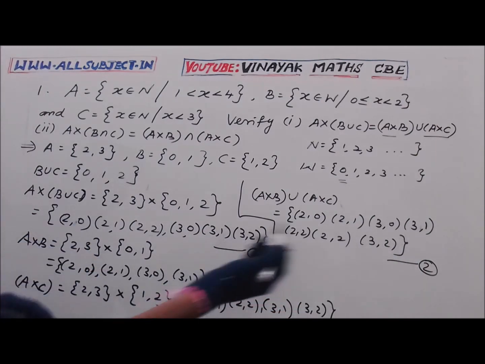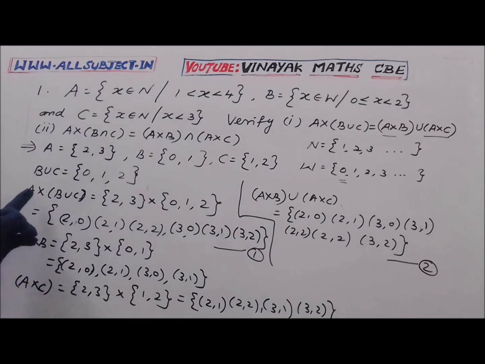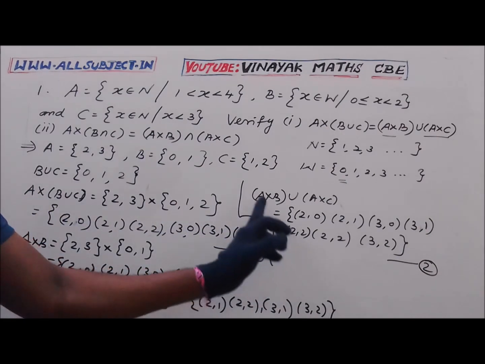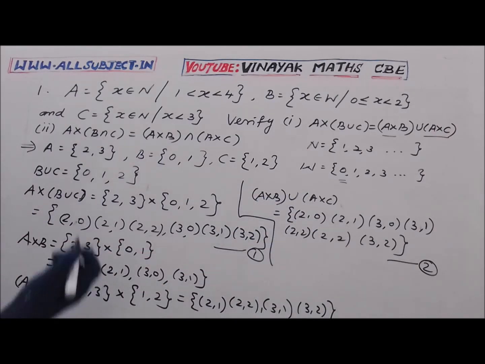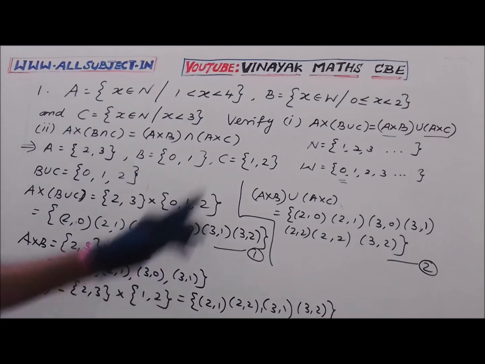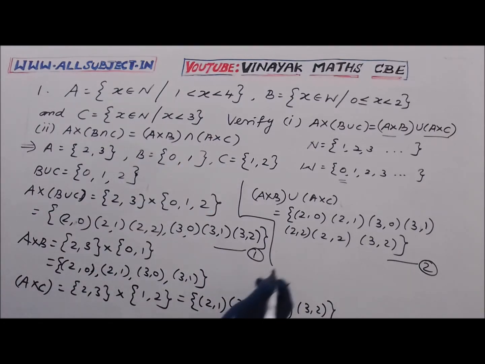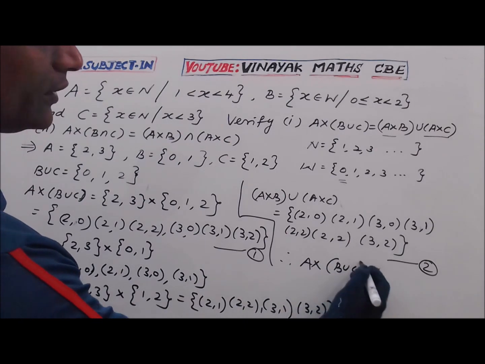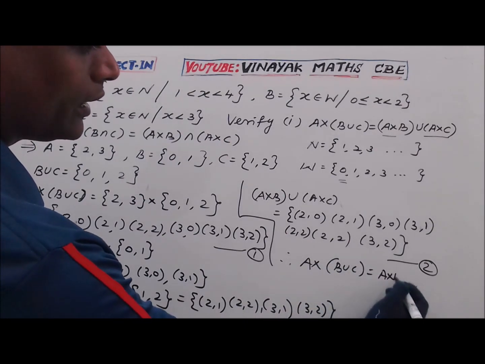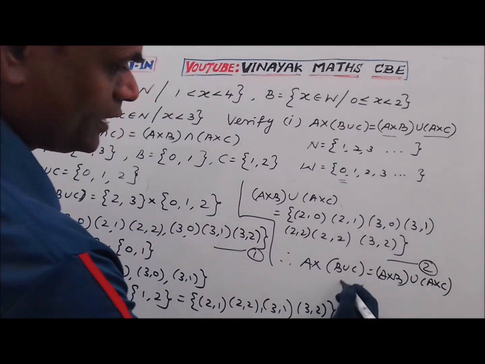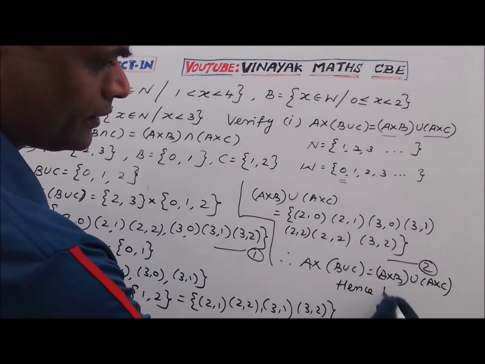So from 1 and 2, all the entries in A cross B union C are present in A cross B union A cross C. So these two quantities are equal. So we have verified the first case, therefore A cross B union C equals A cross B union A cross C, hence verified.